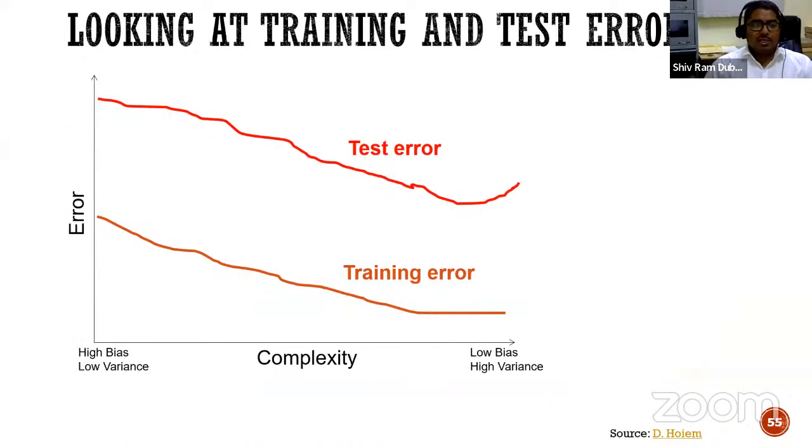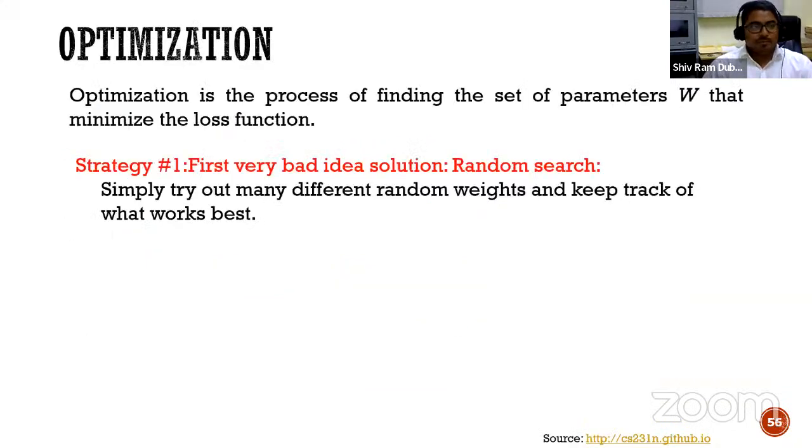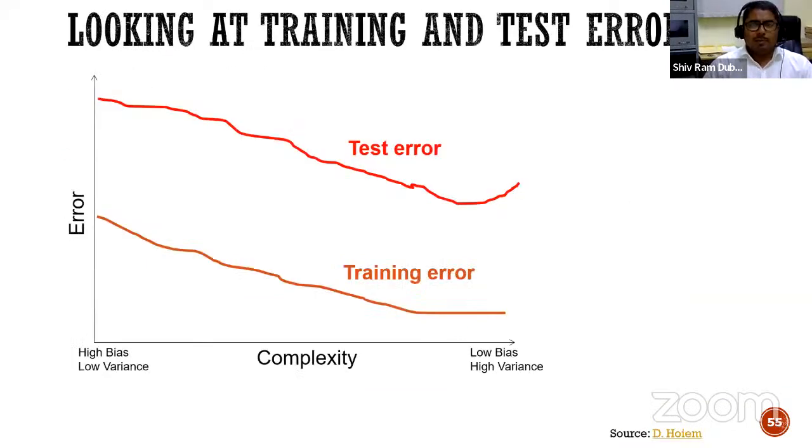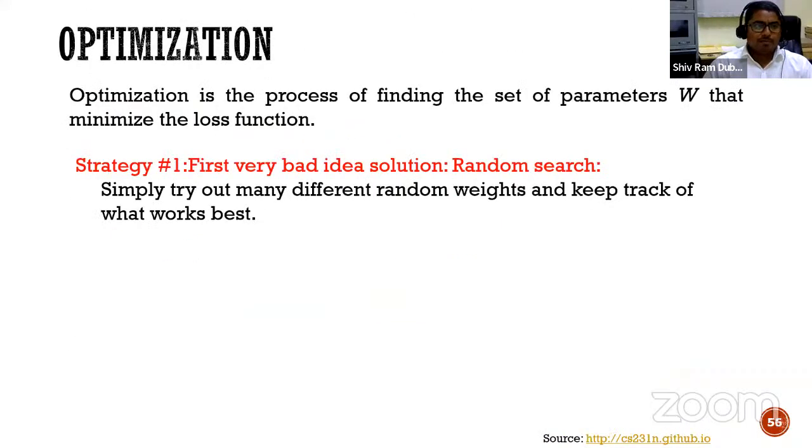We can recognize it from the error plot. If the loss on both the training and test sets is very high, that is underfitting. If the loss on the training set is low but the loss on the test set is very high, that signifies overfitting. We will go into more detail on this aspect in the second part.